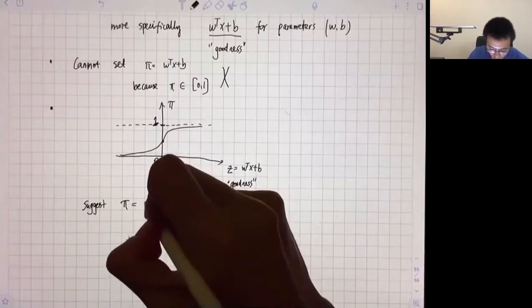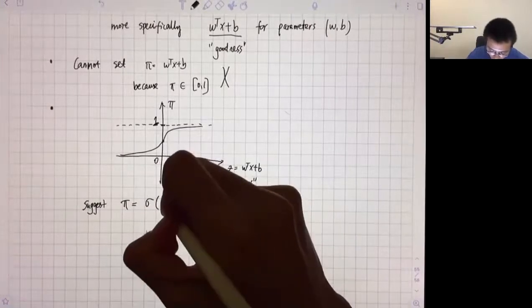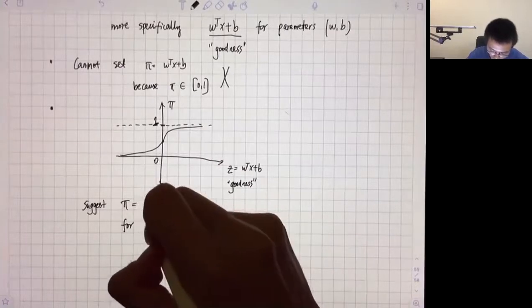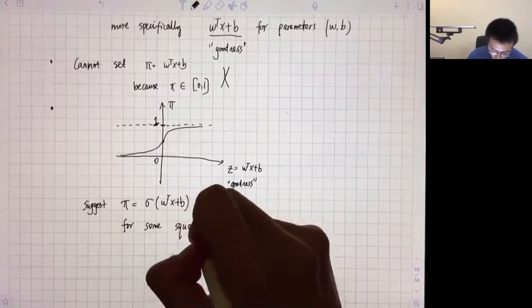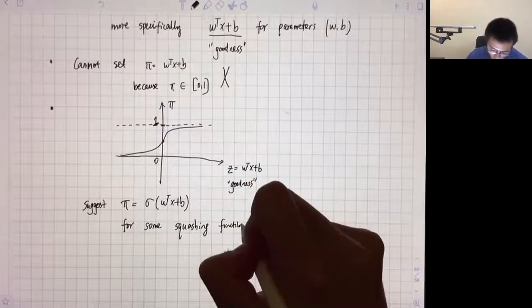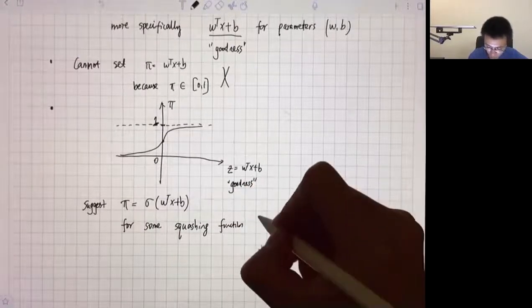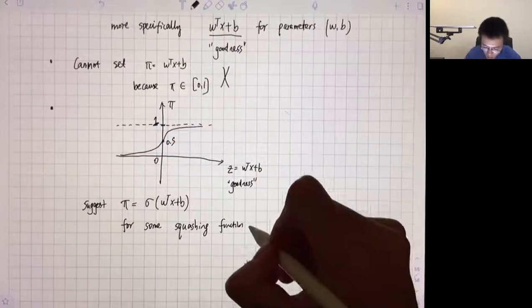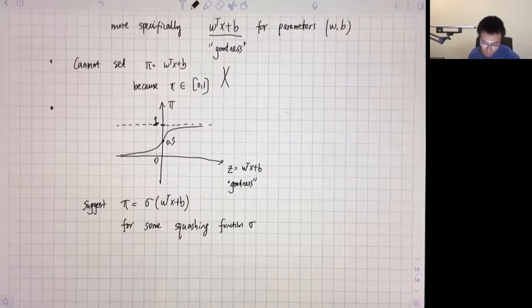I call it sigma, okay? Sigma of W transpose X plus B, for some squashing function, like this. And here is 0.5.